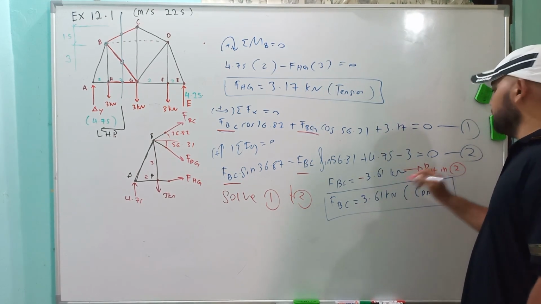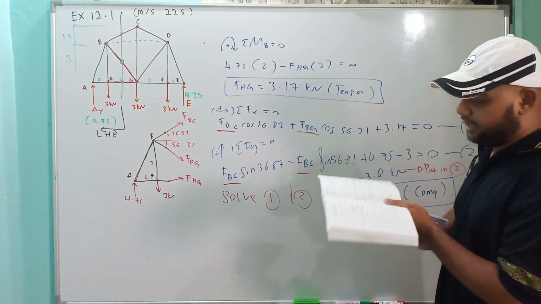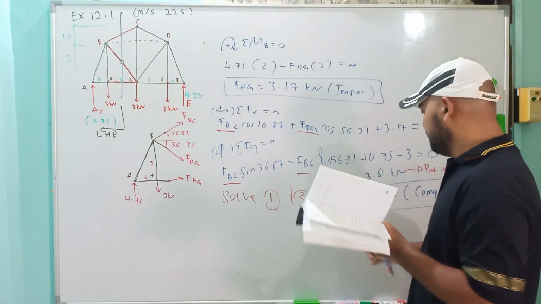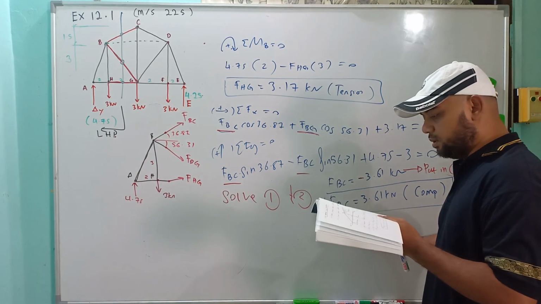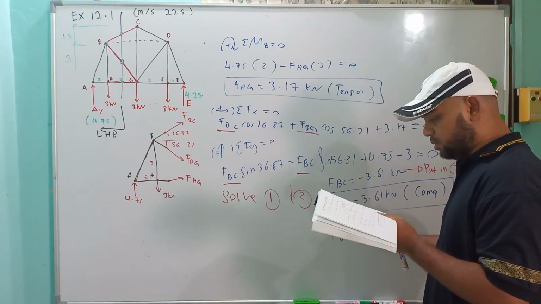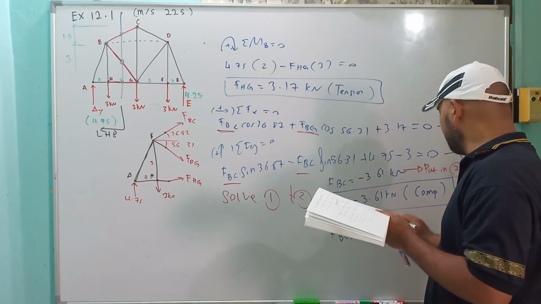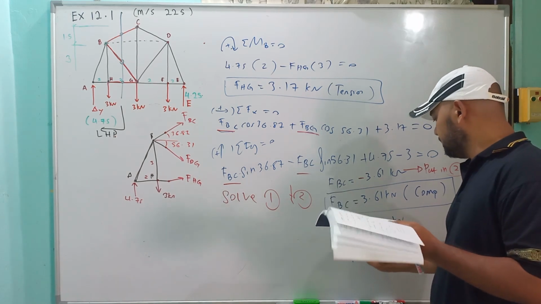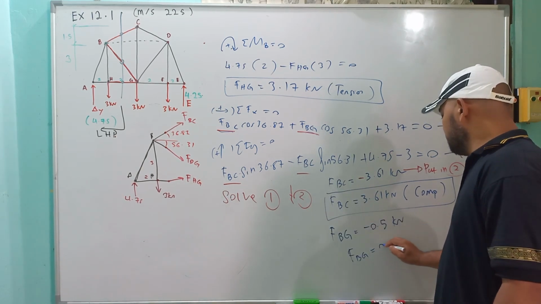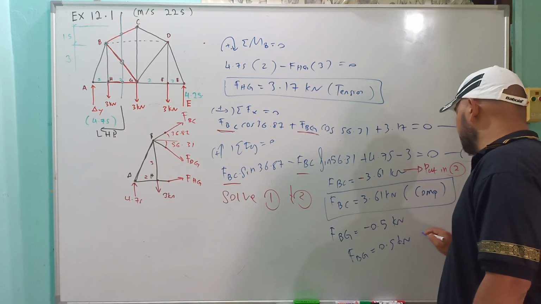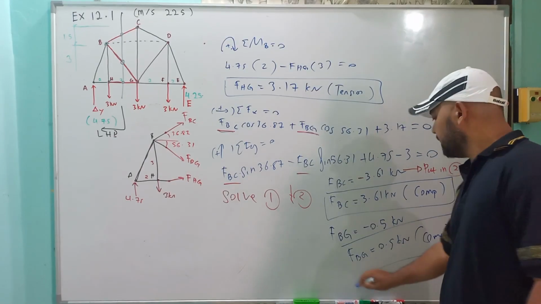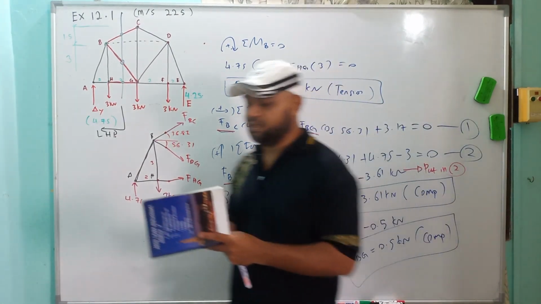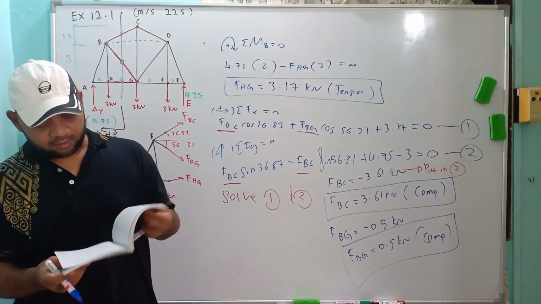Put in equation number 2, and then you got the answer FBG equal to negative 0.5 kilonewton, which is FBG 0.5 kilonewton, also in compression, both in compression. Okay, so that's it.